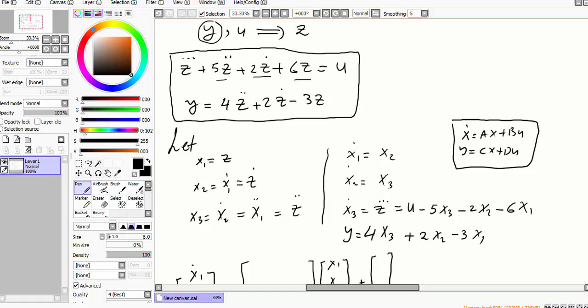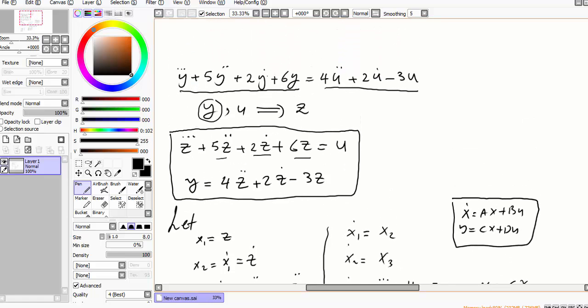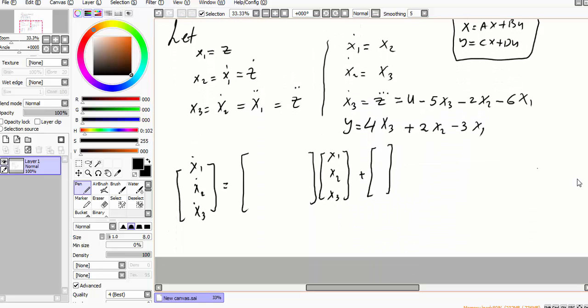If you review your differential equation here, you have the forcing input as only one variable, which is u, and it has its derivative, but it's only one variable. So this is times u.